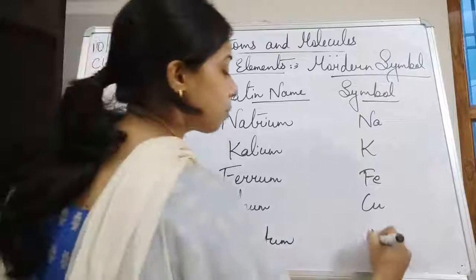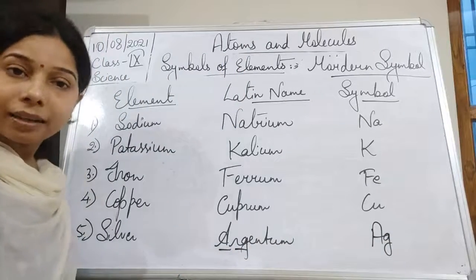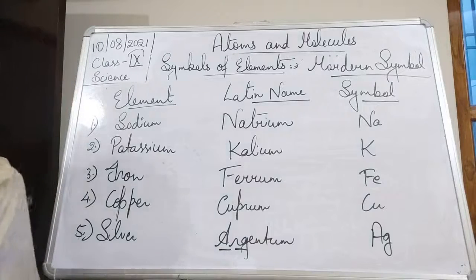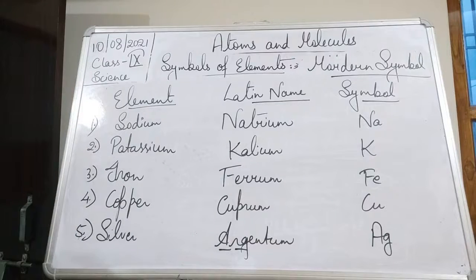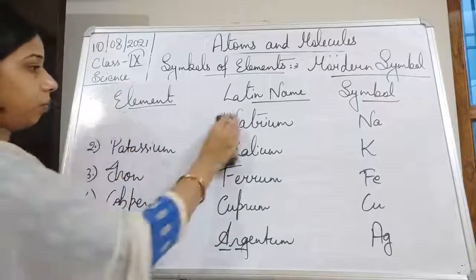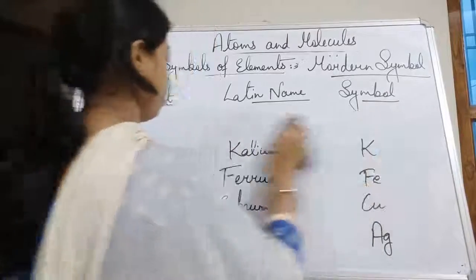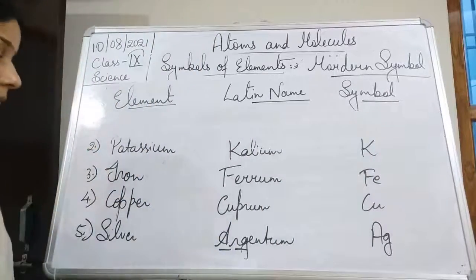That is why it has been taken as Ag, the first and third letter of the Latin name. Then gold.